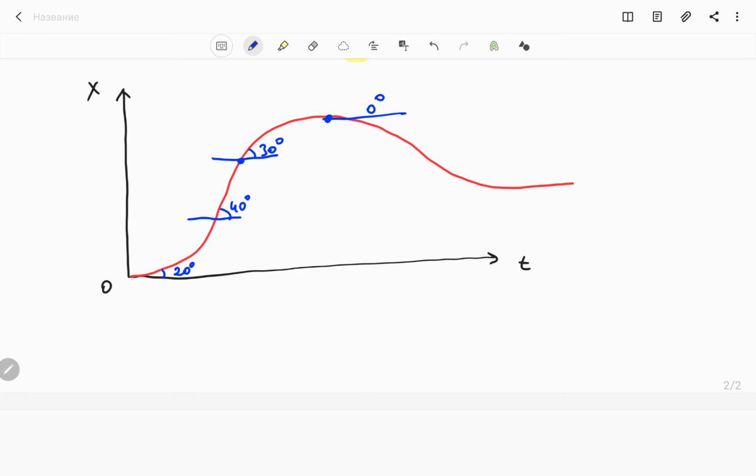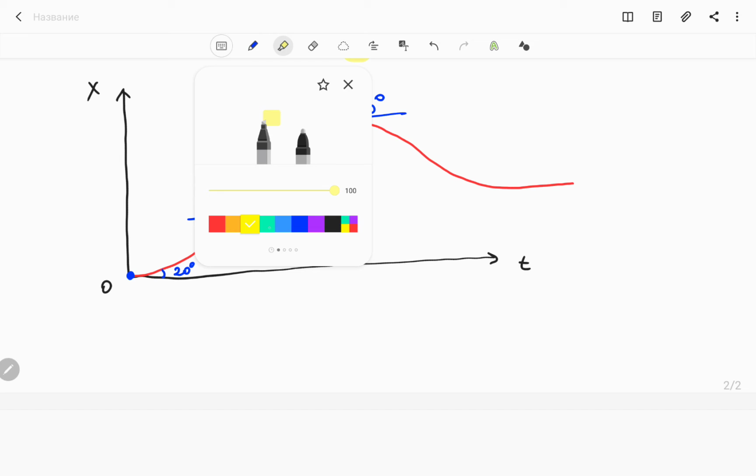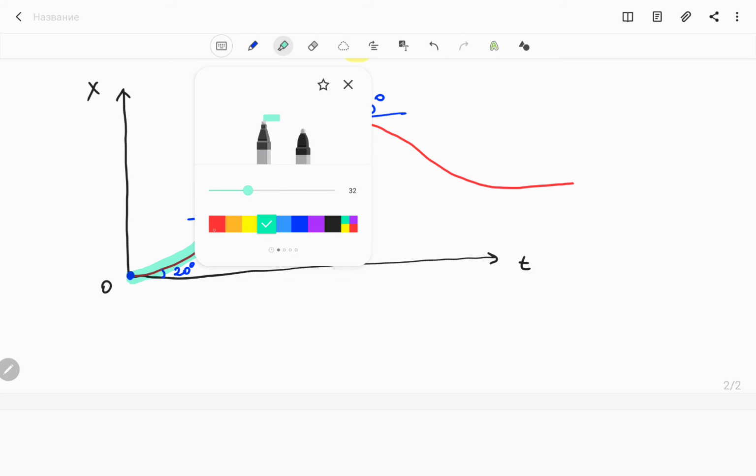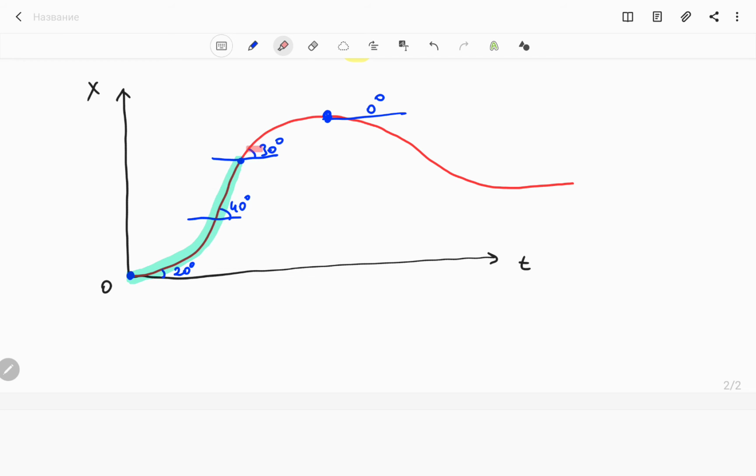So velocity basically from this point till this point increases. Let me highlight it with green. Here velocity is increasing till here because the angle is increasing. Then velocity decreases because the angle is decreasing here.